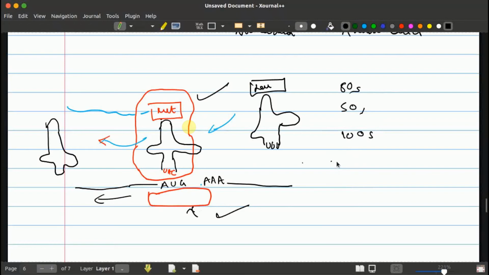When you do centrifugation, it is the measure of how far from the center you are. 80S might be bigger, but together they need not have the same density.